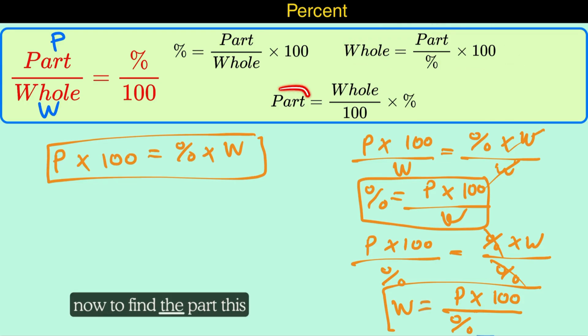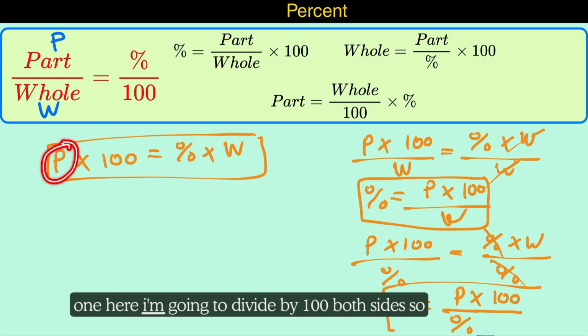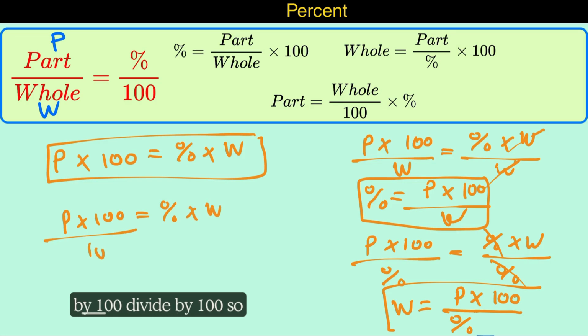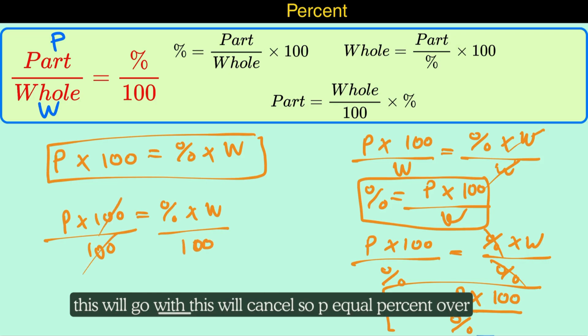Now, to find the part, this one here, I'm going to divide by 100, both sides. So, P times 100 equals percent times W, divide by 100, divide by 100. So, this will go with this, will cancel.